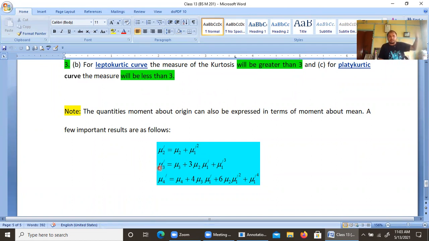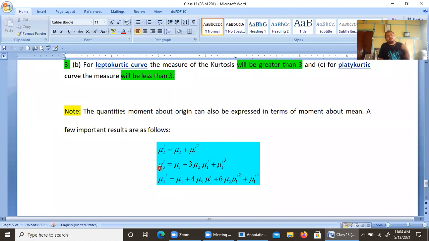The derivation is not actually done by changing the side. If you change the side, this will not come out. You have to again perform the mathematical induction process from scratch to get this particular thing. But I'm just giving you this set of 3 formulas, where my cursor is located, just for the sake of completeness.